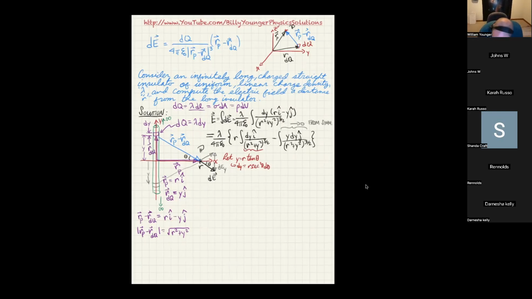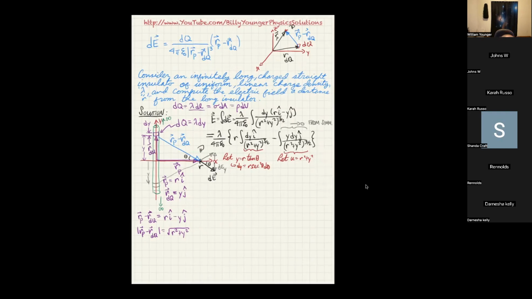On this part right here, because I told you I'm going to show you it goes to 0, I'm going to say let u equal r squared plus y squared, which implies du is equal to 2y dy. Oh, I'll write that on another page so it won't be so hard to follow.